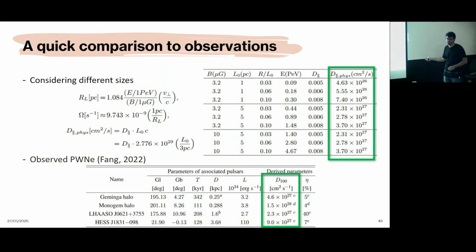These values here are for energies around 1 PeV, which is more or less what we want to explain in these regions. So, how long do these very high energy particles stay there?